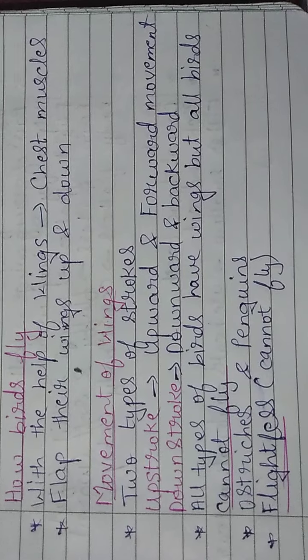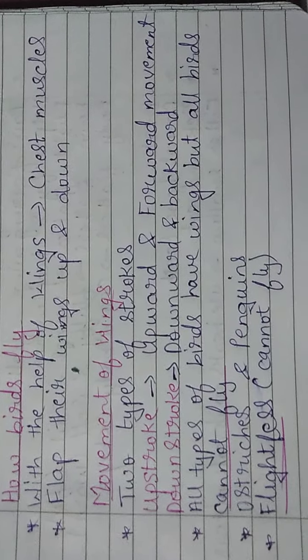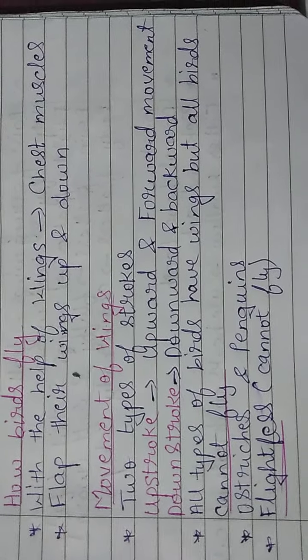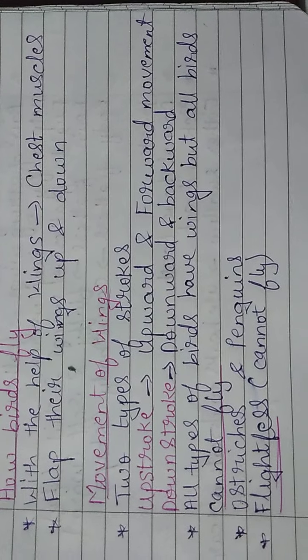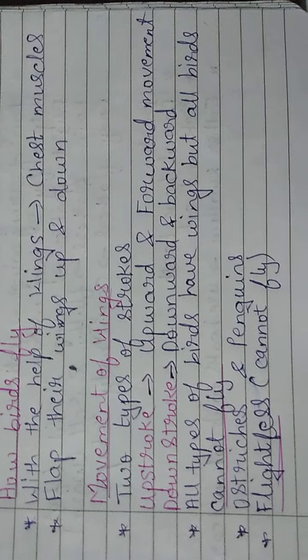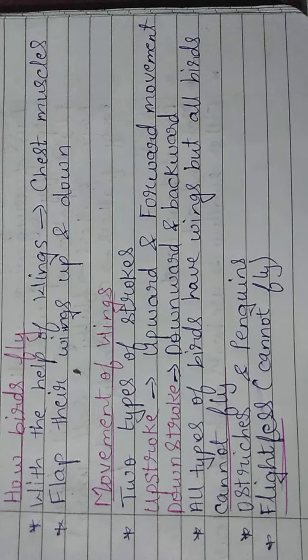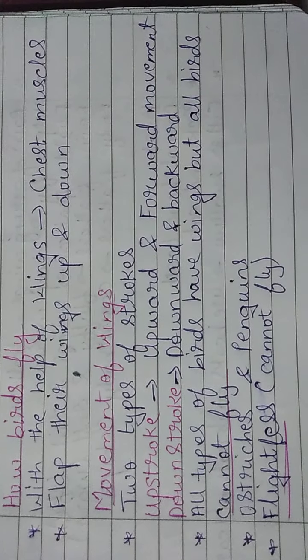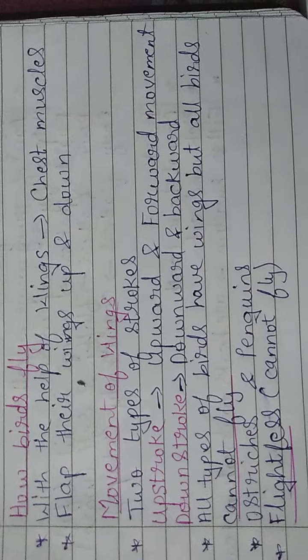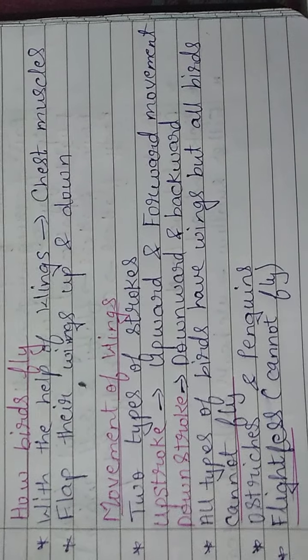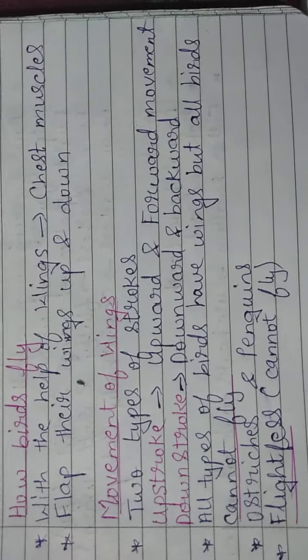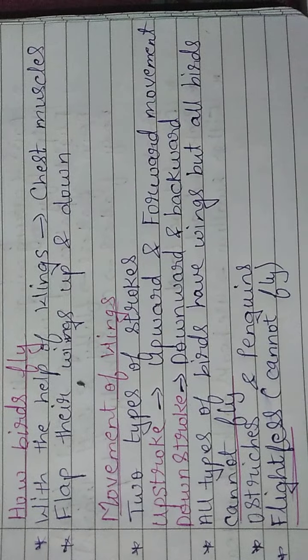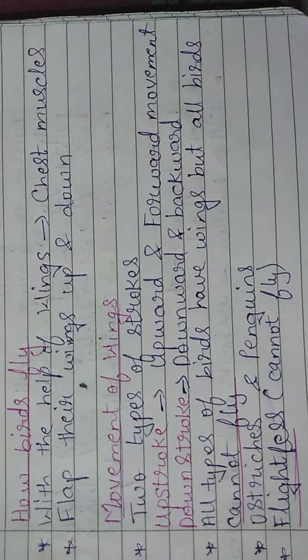Upstroke, as the name itself suggests, that is, the movement is upward, but along with upward movement it is the forward movement also. So when a bird is in upstroke movement, that means it's flapping its wing upward and forward. Okay, let us see here in the picture.